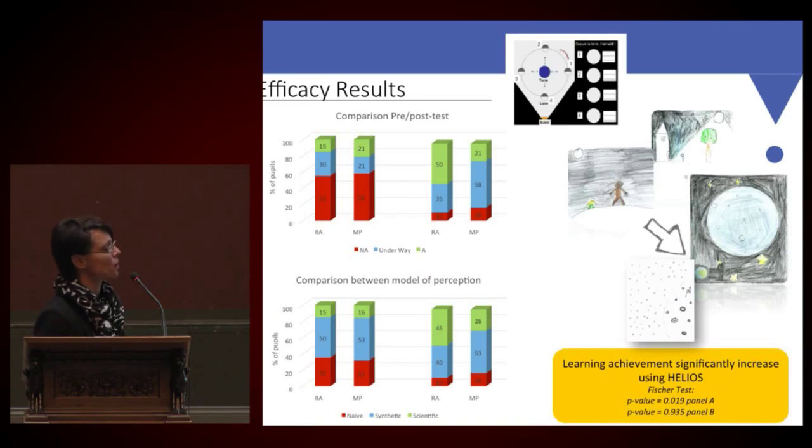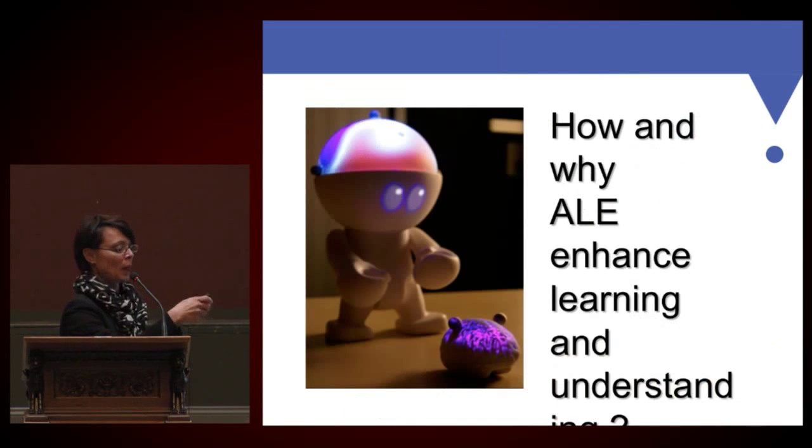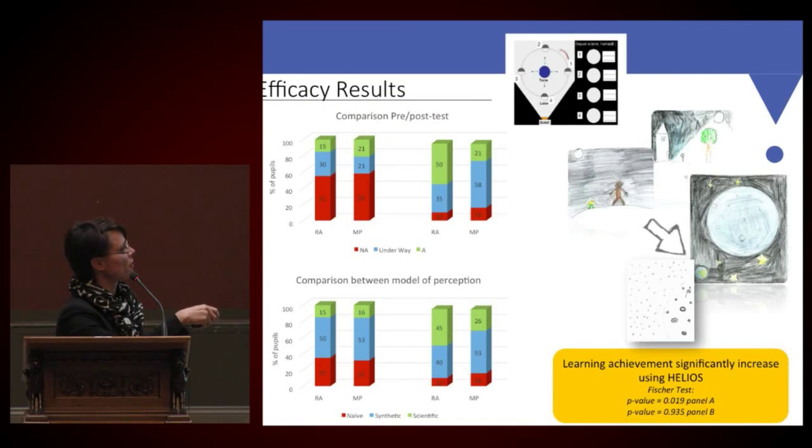Some example of results of the efficiency of this type of tangible device. Before using the interface, all the children have the same results on the tests of knowledge, and after, this part of children test with the augmented model, and this part test with a traditional model. And you see that all the children that test their hypothesis with the model have really a scientific conception of the astronomic knowledge.